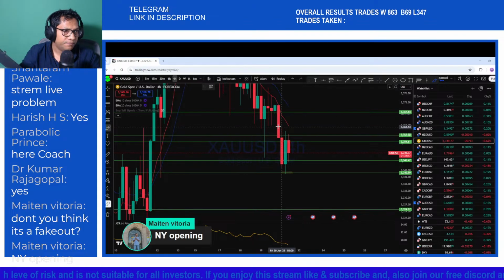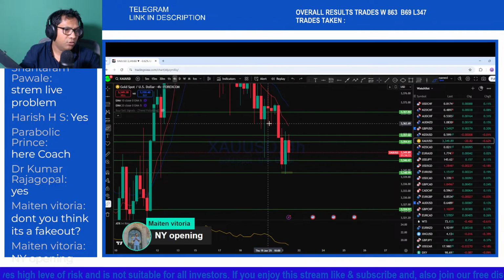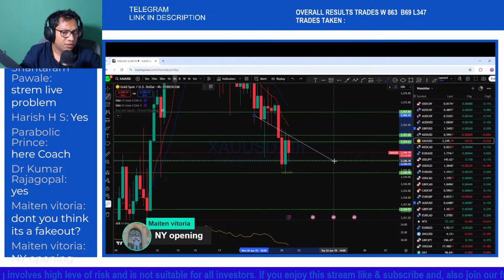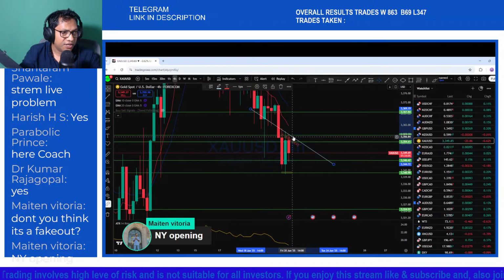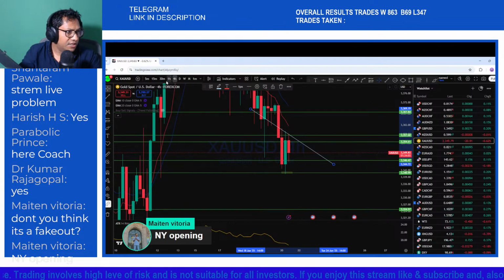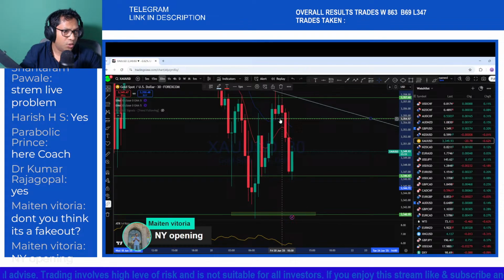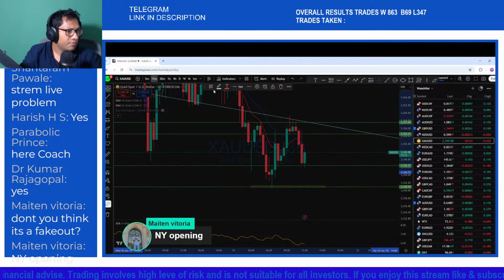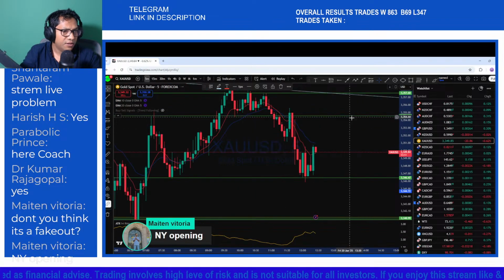If you look here, this is a series of lower high formation, and with this series of lower highs, I'm expecting the market to retest and then return back again from that zone where there is a support turned resistance. So looking to see how far it might be going.